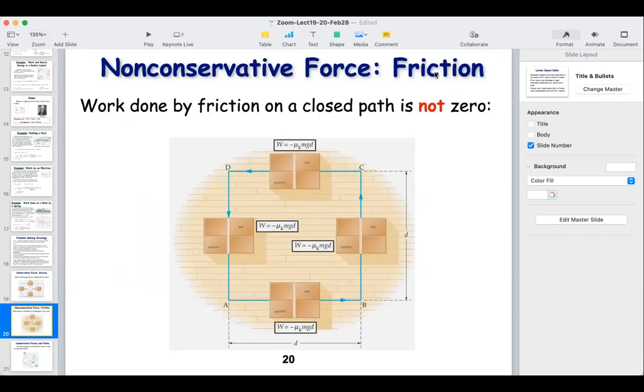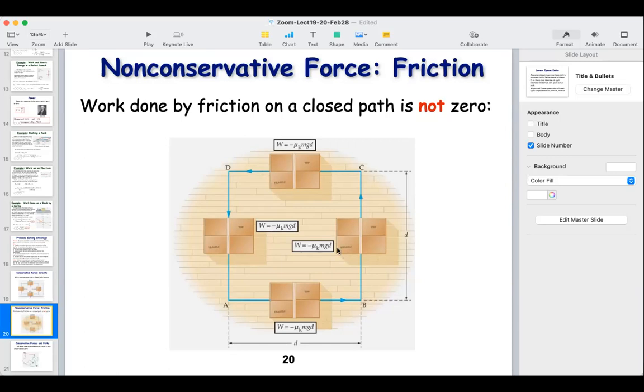Non-conservative force, for example, is friction. So the work done by friction on a closed path is non-zero. Here we are moving A to B to C to D on top of the floor with friction. We know that the friction is always opposite to the displacement. So here we have minus mu K mgd.